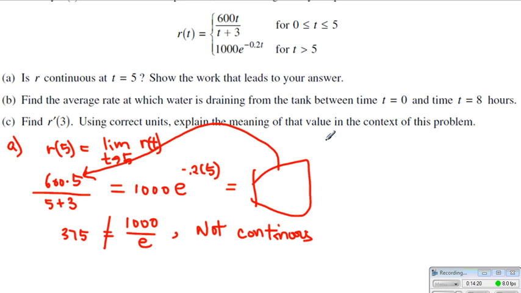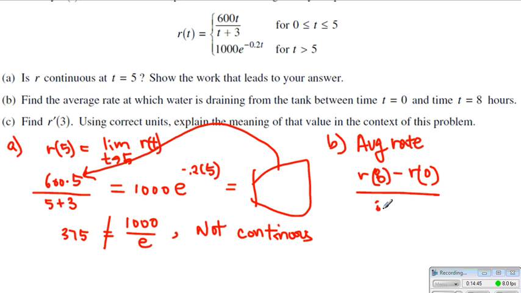Now, number B. Average rate is basically the same as the slope. That means the average rate here becomes R of 8 minus R of 0, over 8 minus 0.